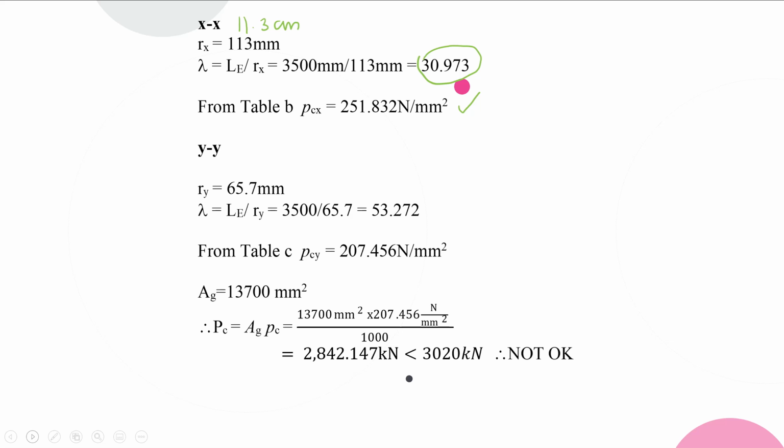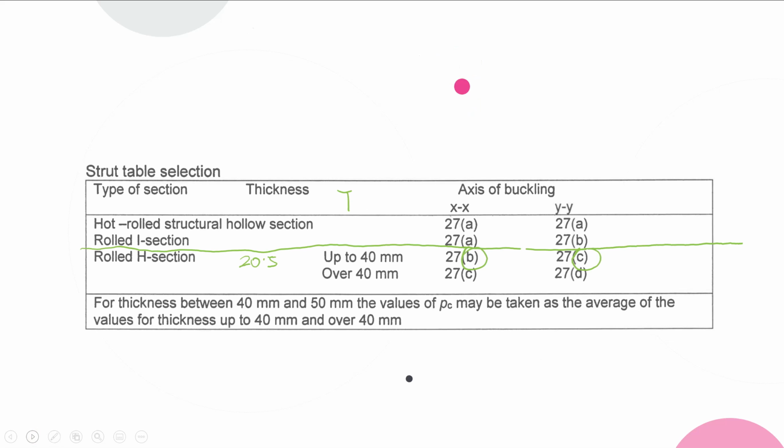So nak tengok benda tu, again kita refer to this table. And sebenarnya kita dah tahulah, tadi pun I dah bagi tahu yang YY you use the curve C table.